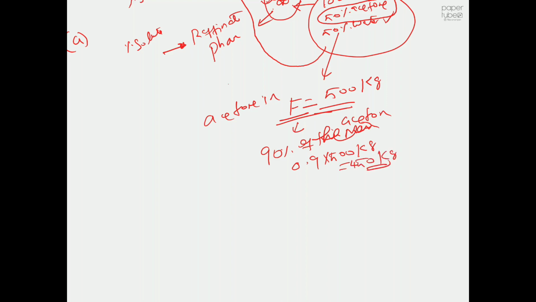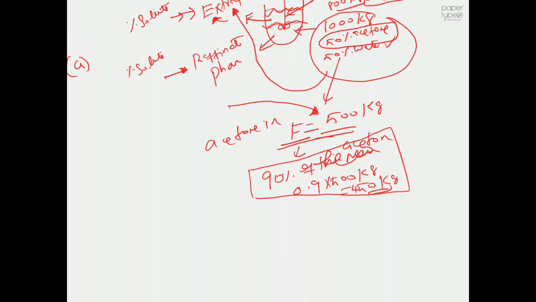So if we have to remove 450 kg from the feed solution, what's the mass of solvent that we need? So that's the question. We need to calculate the amount of solvent that we need in order to achieve 90% extraction of your solute from your feed solution to the solvent side.